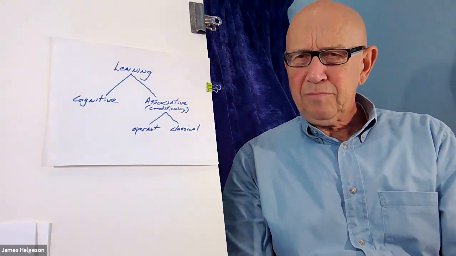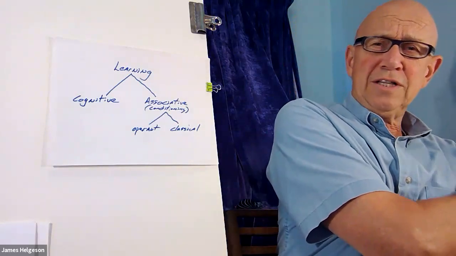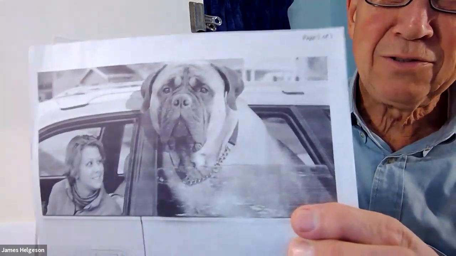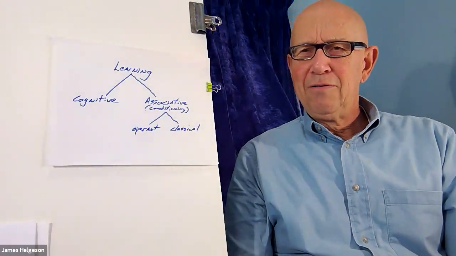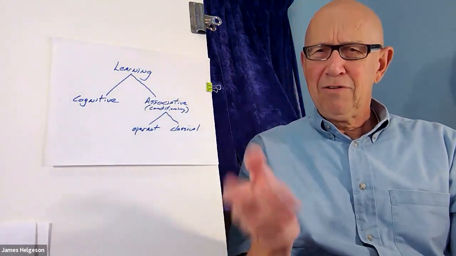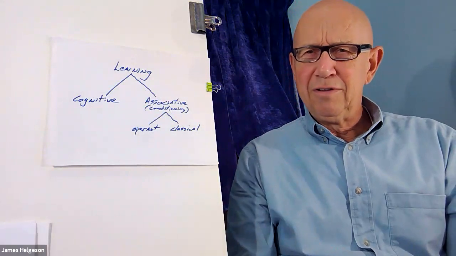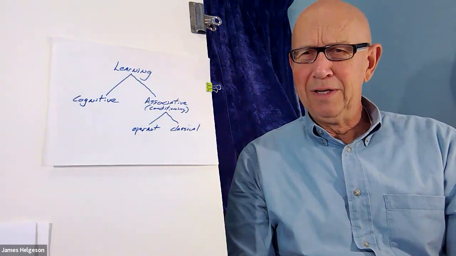Okay, so for instance, here's operant conditioning. I want to teach Fifi how to sit. And so what do I do? I go, Fifi, sit. I give her a little hand command, a little voice command. And what's Fifi do? Nothing. She looks at me and kind of drools a little bit.